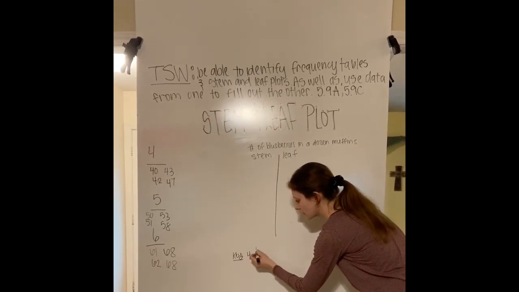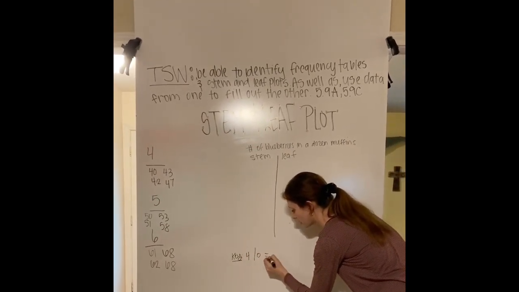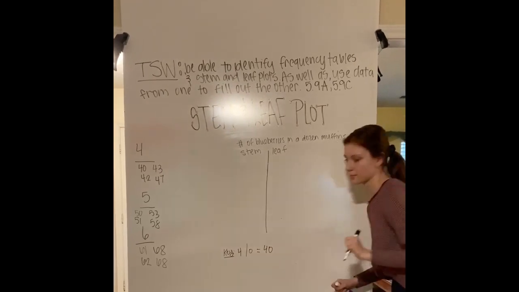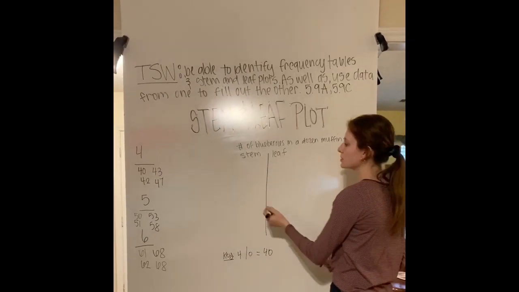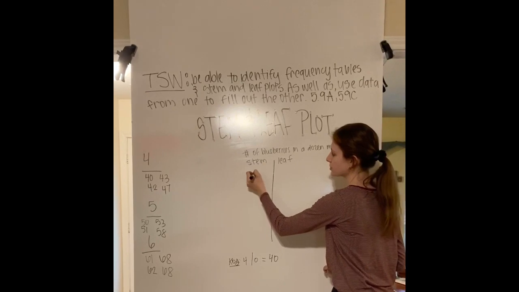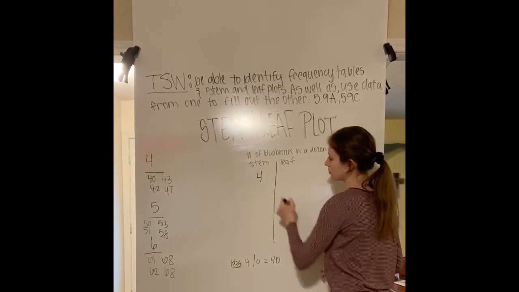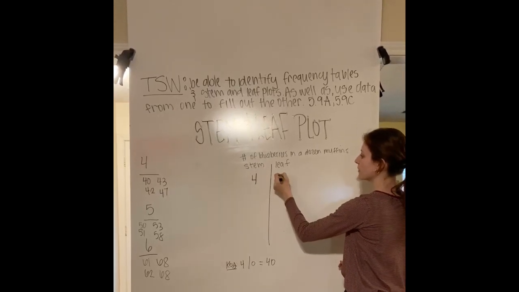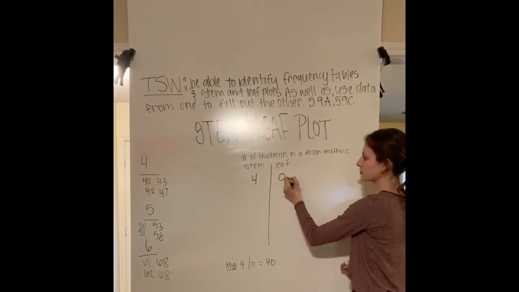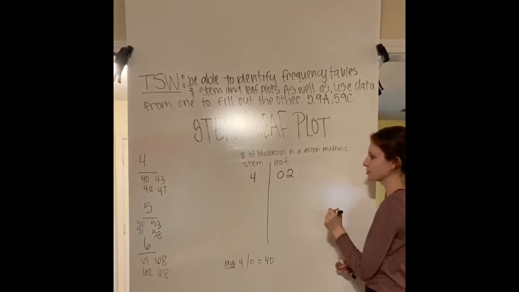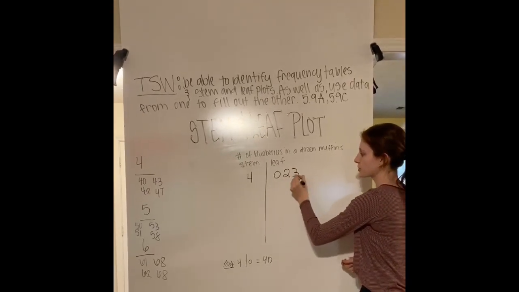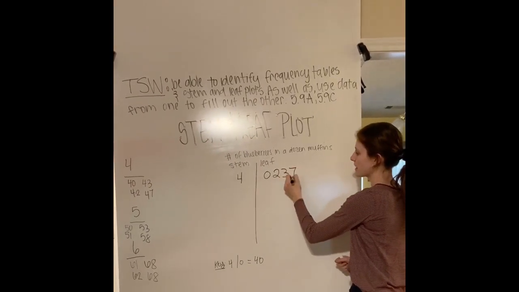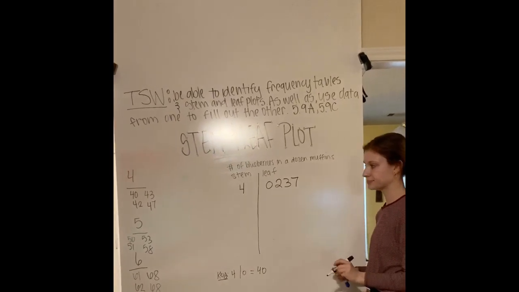Four line 0 equals 40. So let's start with our 4s. Our tens is a 4, and we have 0 for 40, 2 for 42, 3 for 43, and 7 for 47.